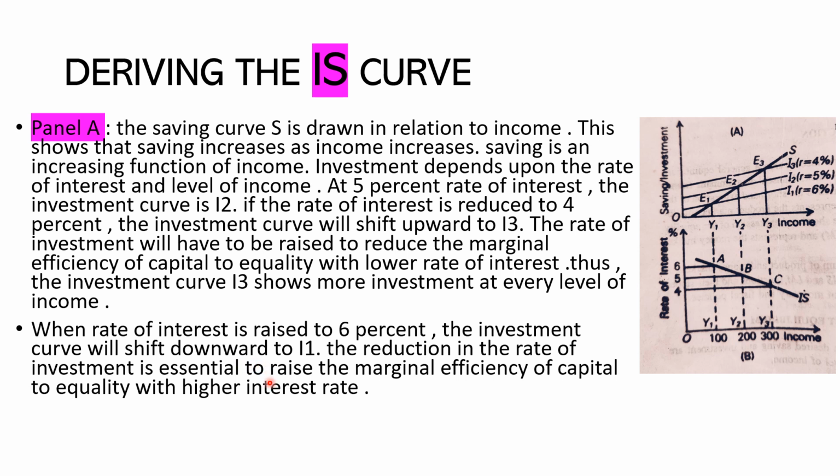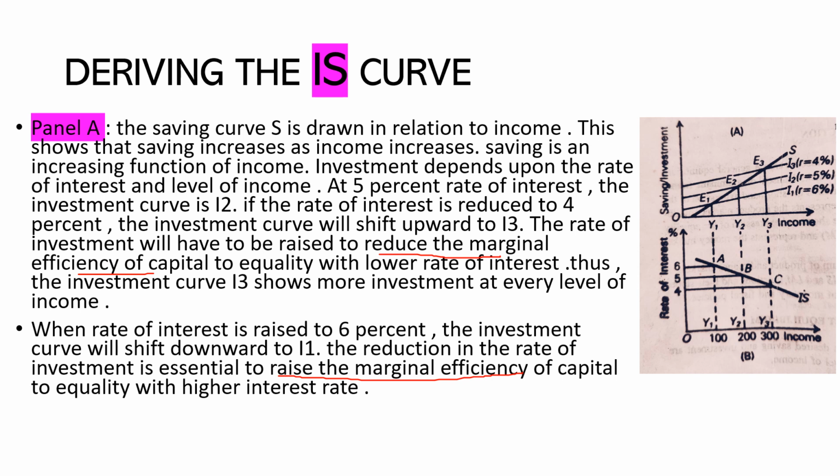It will automatically happen, and it will raise the marginal efficiency of capital to match the higher interest rate. To match the increased interest rate, the investment will be reduced to raise the marginal efficiency of capital. So please learn that here it is the reduction of the marginal efficiency of capital, and here it is the raising of the marginal efficiency of capital.